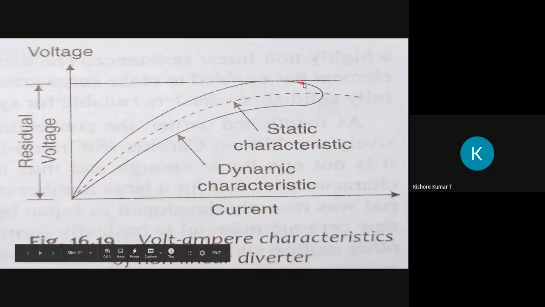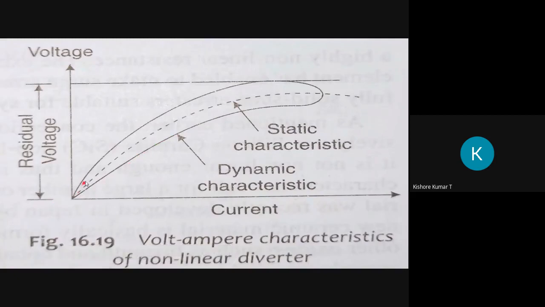A non-linear resistor is going to change its resistance, whereas for a static characteristic, or for a linear resistor, for a single current value you will get a single voltage value.